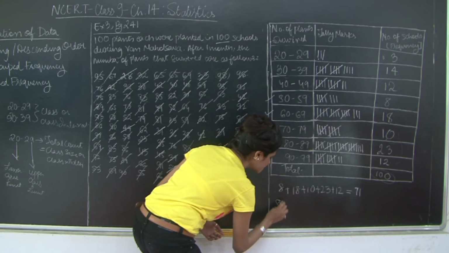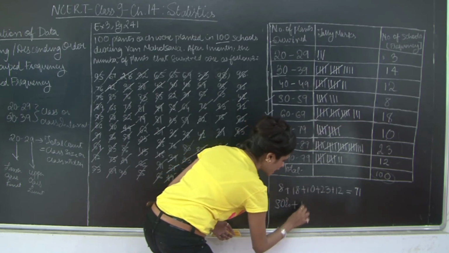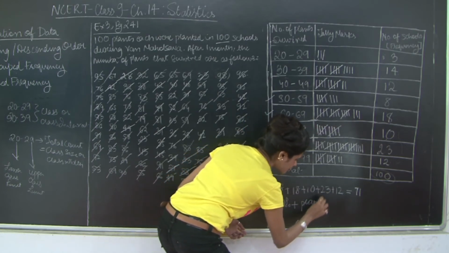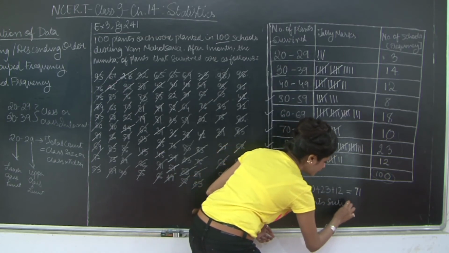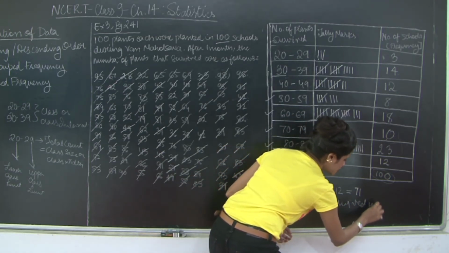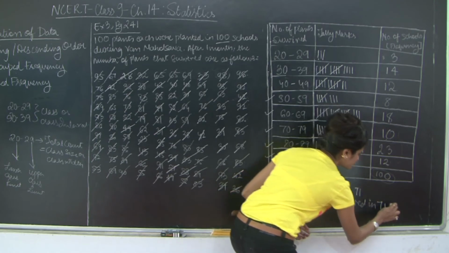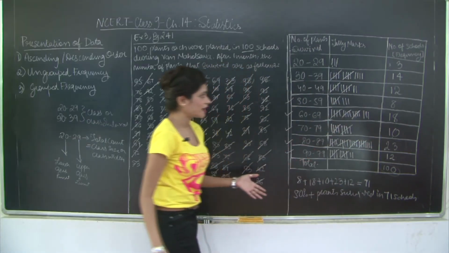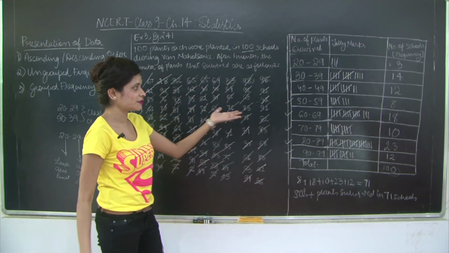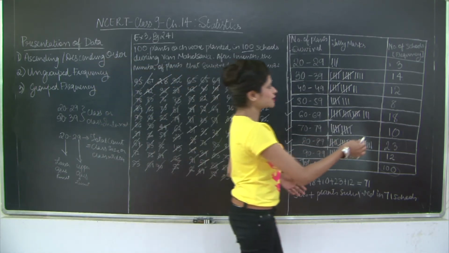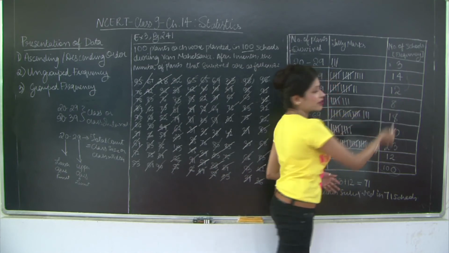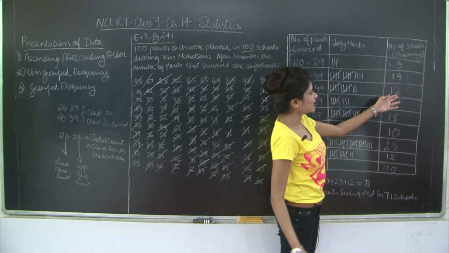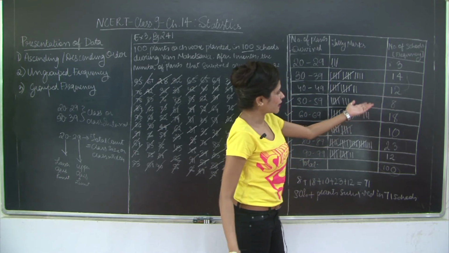So 50% plus plants survived in 71 schools. Similarly, you can find the number of schools in which less than 50% of plants survived. For that, you're going to take the total of these entries. So that is going to be 14 plus 3, 17, 17 plus 2 is going to be 29.